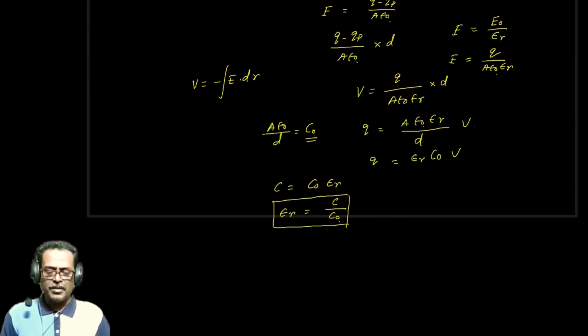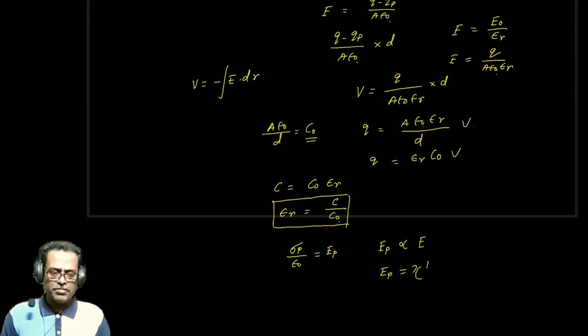Now another thing, the polarizing field, that is sigma p by epsilon 0. This is the polarizing field EP. EP is proportional to E, that is the field inside the dielectric slab. The constant of proportionality is chi, the susceptibility.